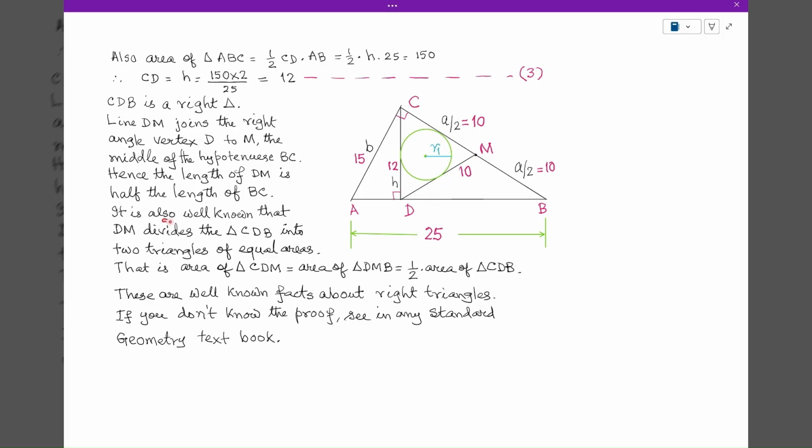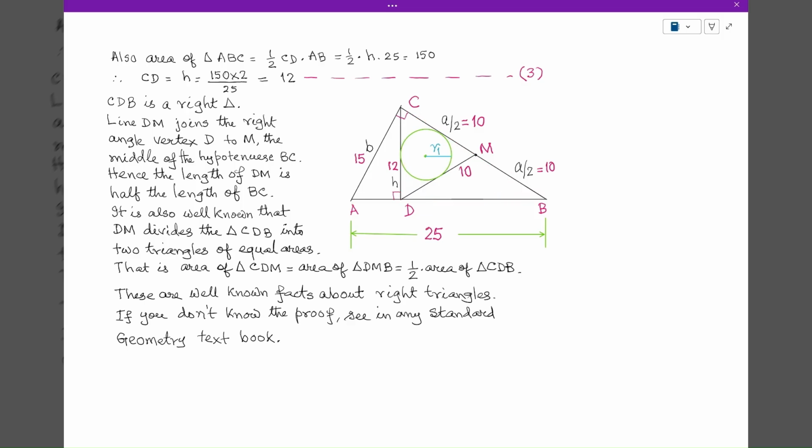It is also well known that DM divides triangle CDB into two triangles of equal areas. That is, this is the right triangle, this is the line joining D to the midpoint, then the area of this triangle is same as area of this triangle, and each one of them is half the area of this right triangle.